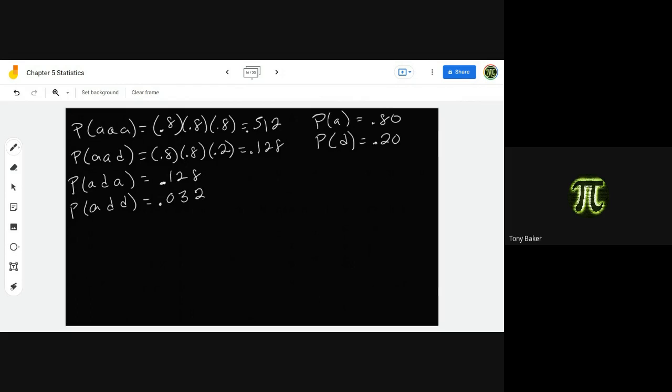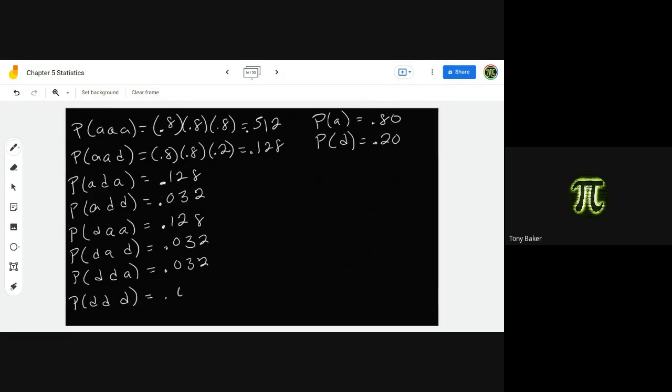Everybody following along? Okay. Now dead, alive, alive, which we already did a couple times, 0.128. Dead, alive, dead, 0.032. Dead, dead, alive, 0.032. And dead, dead, dead is 0.008. Again, we're just multiplying 0.2s and 0.8s. So dead, alive, dead is 0.2 times 0.8 times 0.2, which is 0.032.